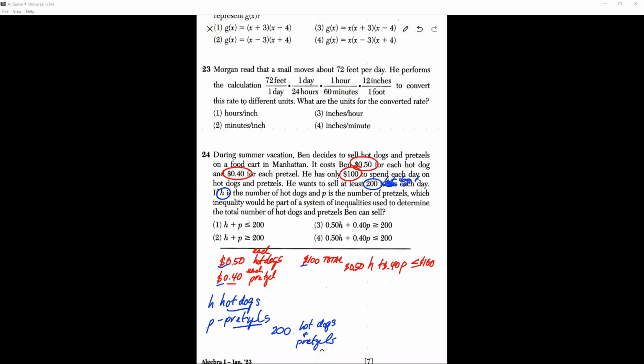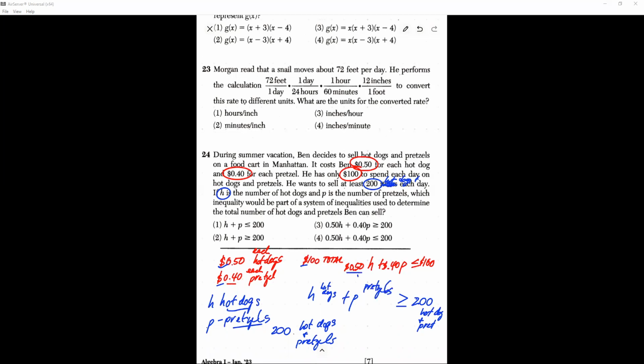So it's going to be greater than or equal to 200. And this is hot dogs and pretzels. That's what I want to sell. So that means on the left-hand side of my inequality, it has to be hot dogs and pretzels. Here are the units. So here are my two inequalities.